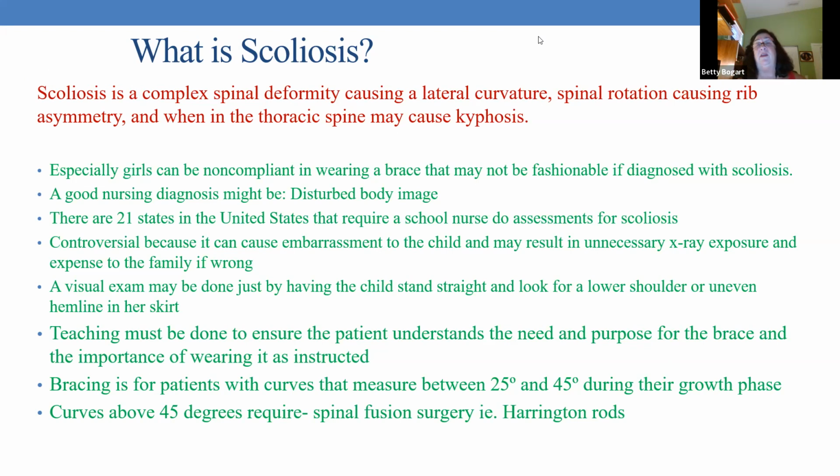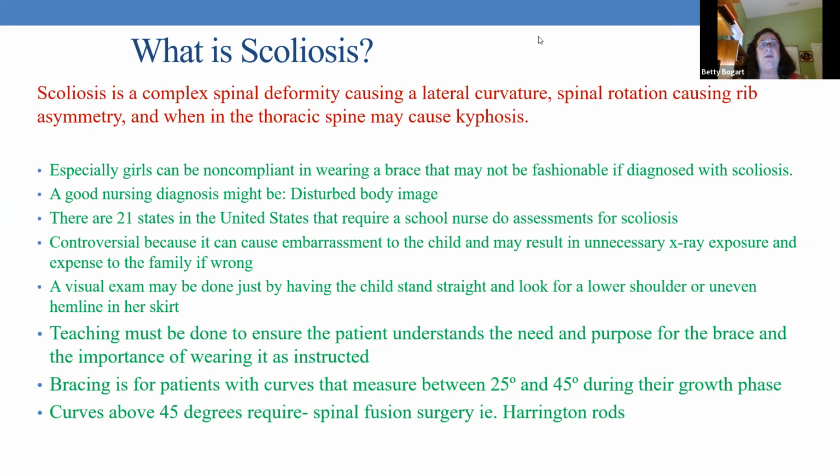So now they're wearing this hard thing underneath their clothes and they're just not feeling well about themselves. Plus now they're crooked because one of their shoulders is higher than the other because of the S-shaped curvature in there. Now, trying to maybe give cute looking braces can help a little bit, but these children do need a lot of support from the nurses about it.